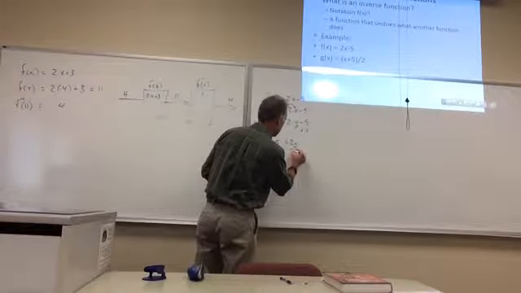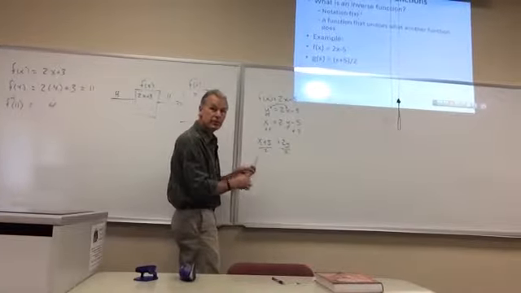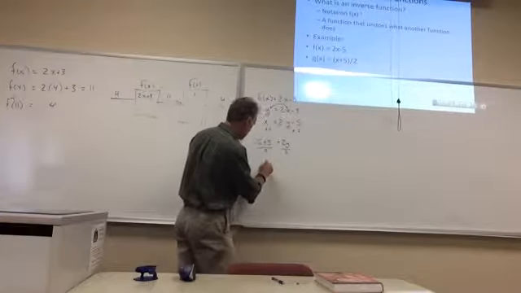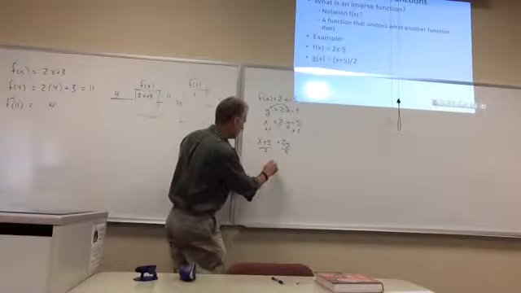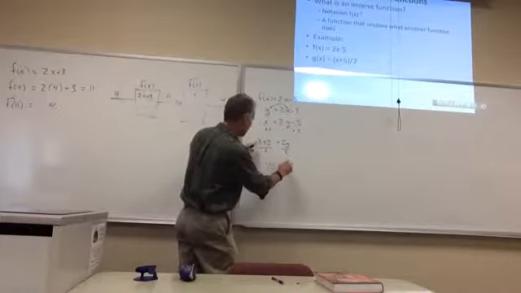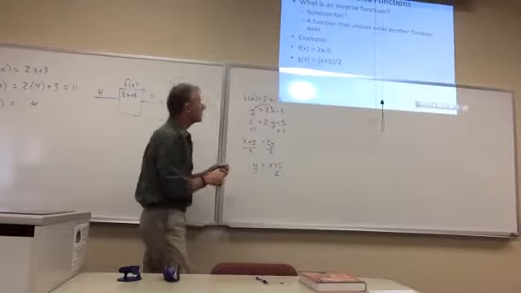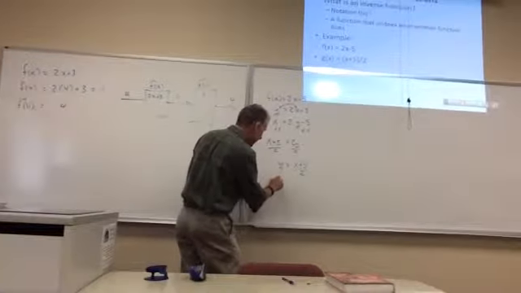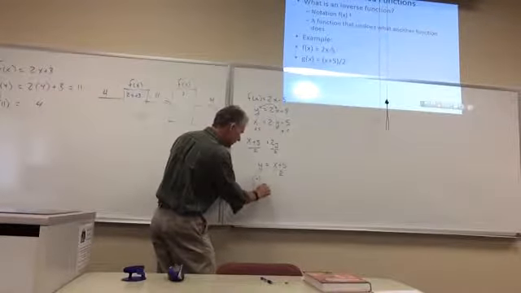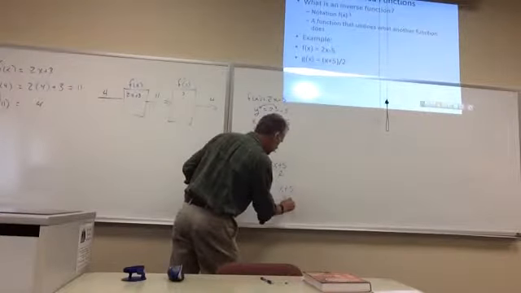And we would divide both terms by the 2. Do you mind if I just flip this whole thing? Okay. So then, of course, I end up with y equals x plus 5 over 2. Or better yet, I'll write it out this way: the inverse function is equal to x plus 5 over 2.